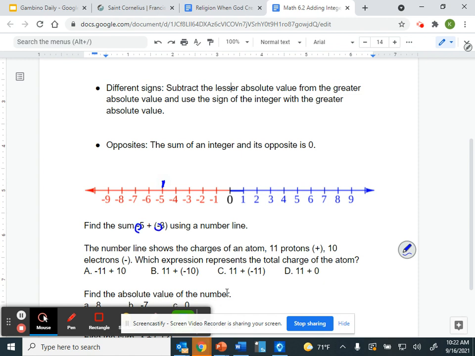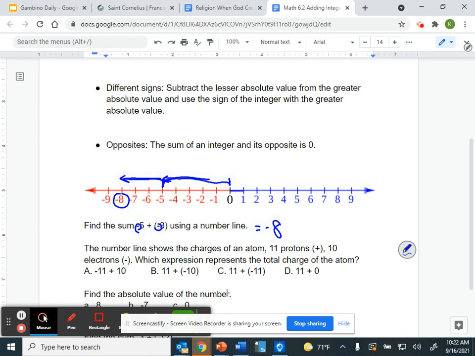So what direction am I going to go? To the left. I went from 0 to -5 to the left. Now I have to go to the left again for that -3. So our answer is going to be -8. Because we went to the left for -5, then to the left for -3. And we ended with that -8.